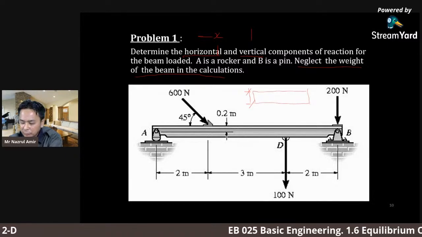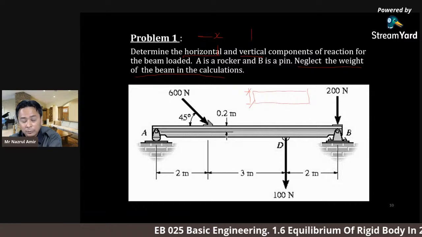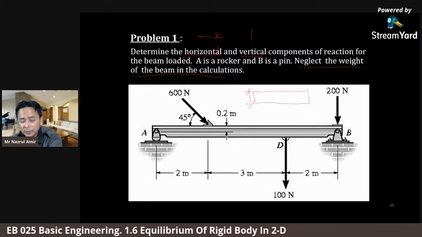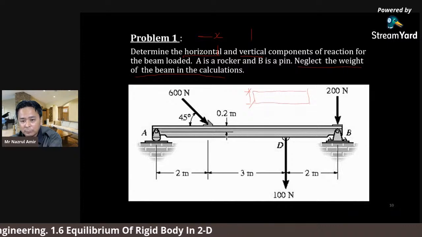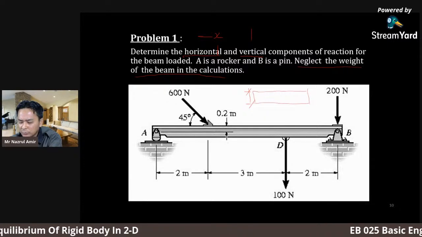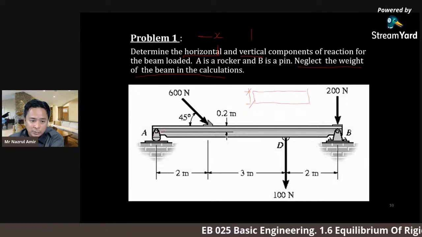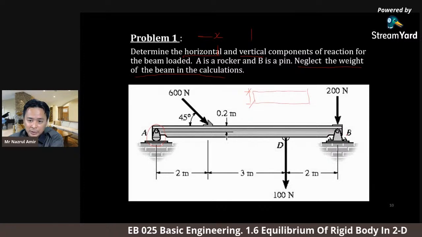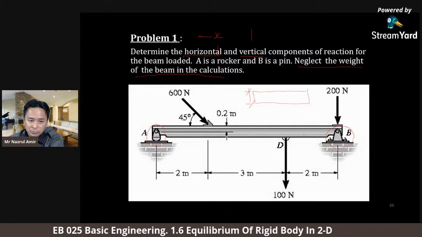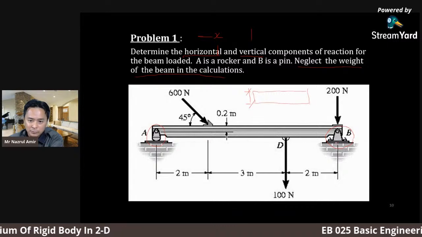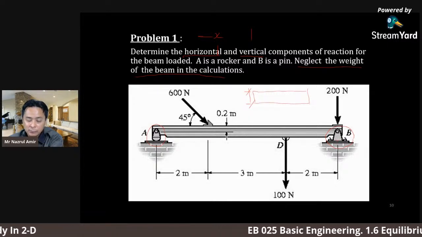Alright, so according to the process before, the first step is constructing the free body diagram. The main purpose of that is to convert the support here to its reaction. What types of reaction occur at point A when it uses a rocker, and what types of reaction occur at point B for a pin?